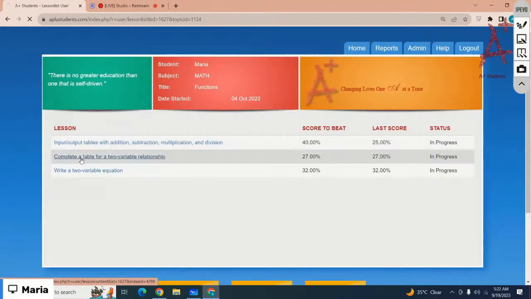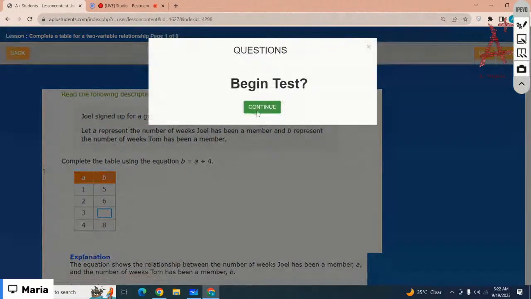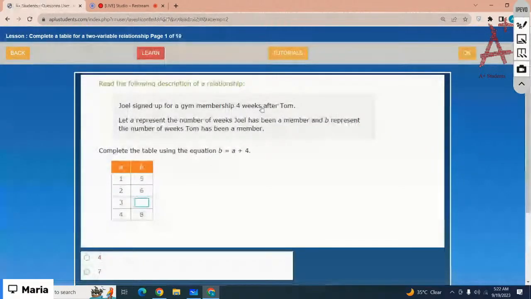Complete a table for a two variable relationship. Let's just start with the test questions. Okay, read the following description of a relationship. Joel signed up for a gym membership 4 weeks after Tom.